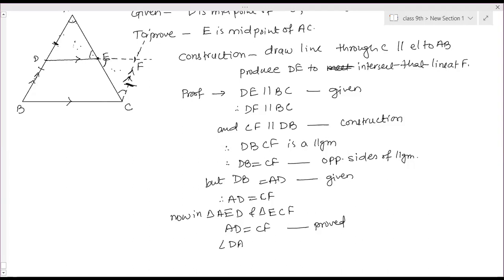Angle DAE is equal to angle ECF, alternate interior angles, and angle AED is equal to angle CEF, vertically opposite angles.